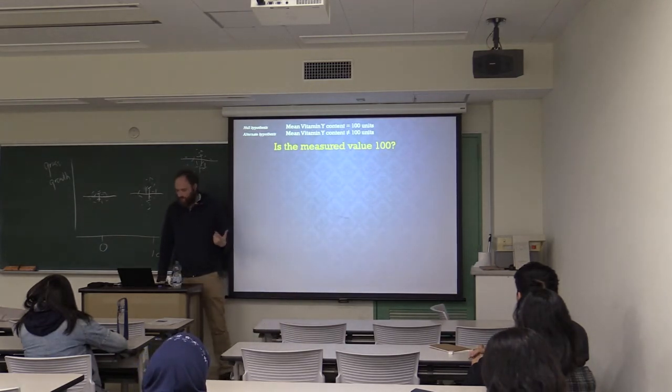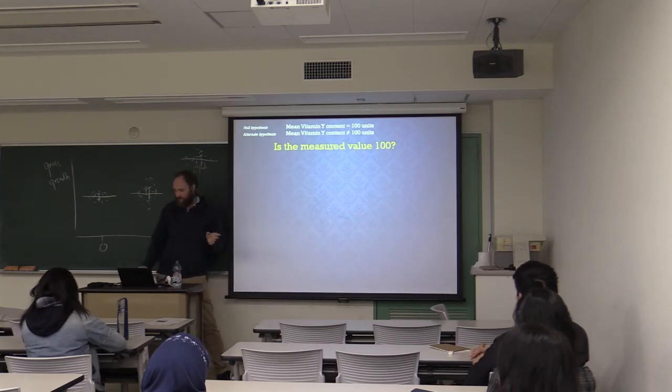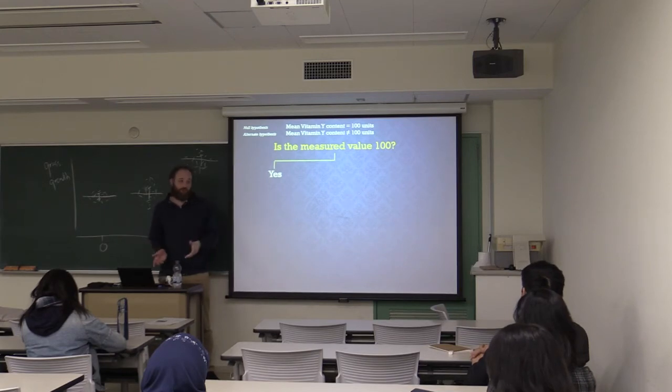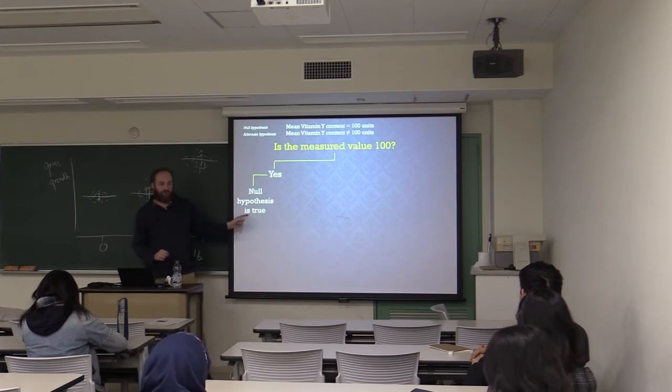Okay. So let's start off with a question. Is the measured value 100? Okay, so there's two possibilities. It's either yes or no, right? If the measured value is actually 100, then there's two possibilities. Number one, the null hypothesis is true.